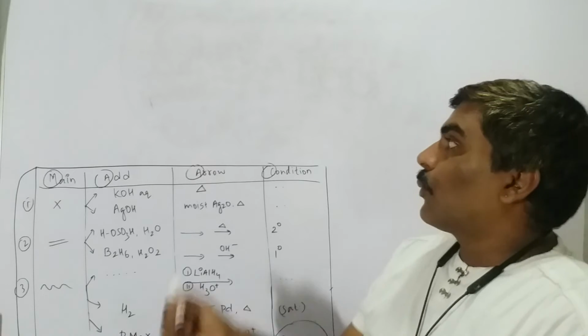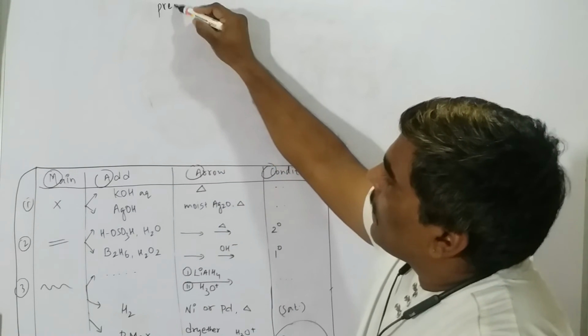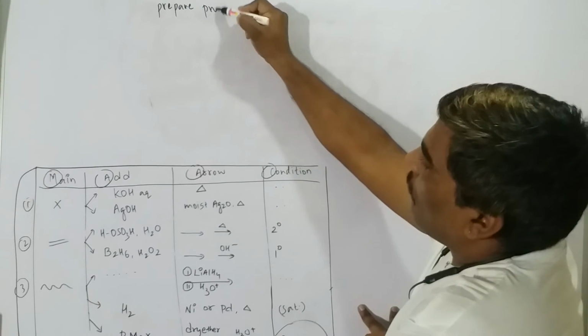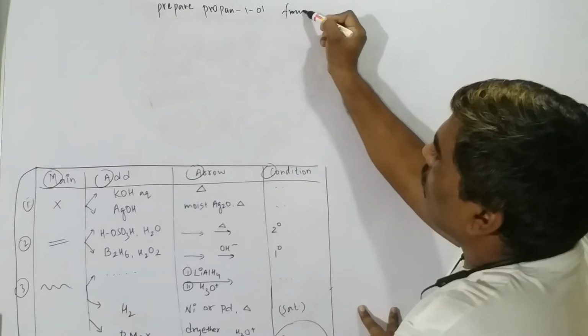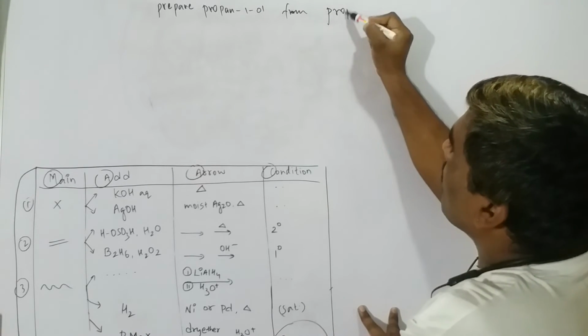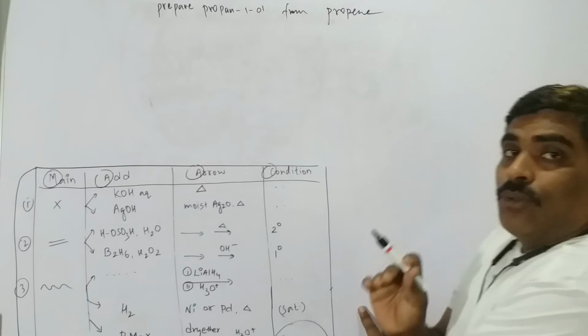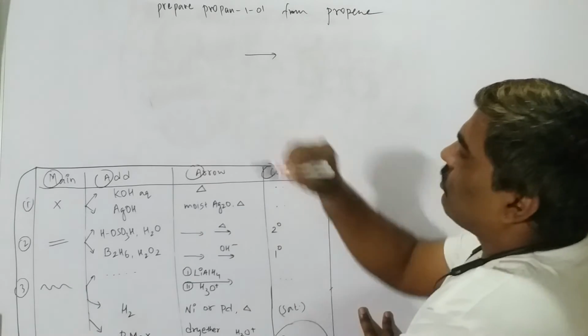Now the question is, if we want to prepare propan-1-ol from propene, always try to do one thing. Every time write the arrow.